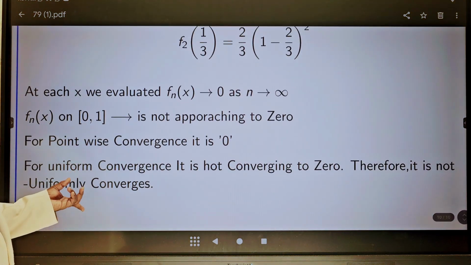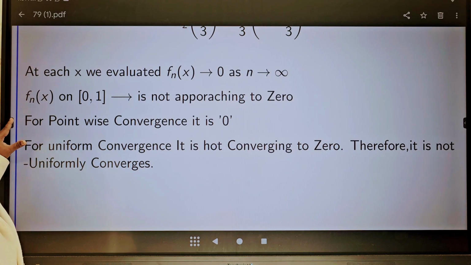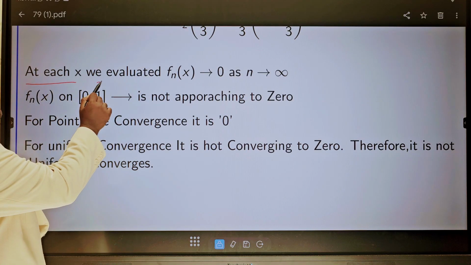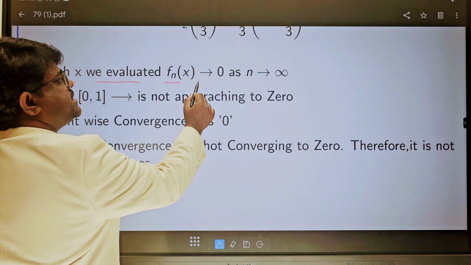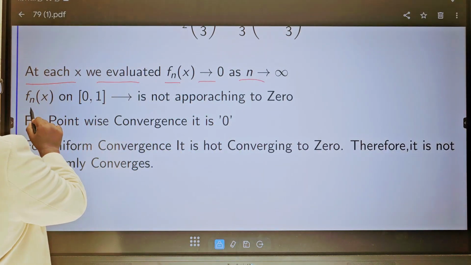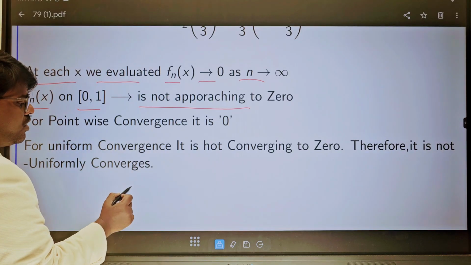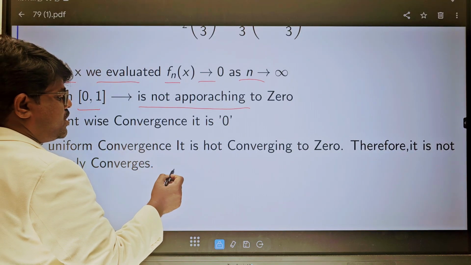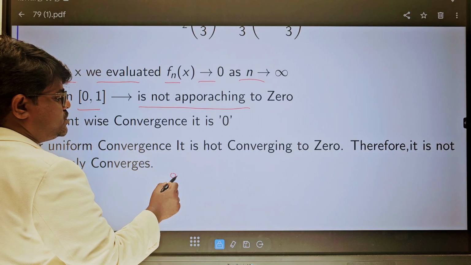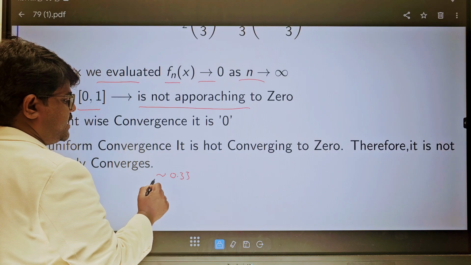So what is the conclusion? At each value of x, we evaluated that fn of x tends to 0 as n tends to infinity. But fn of x on 0, 1 is not approaching 0 uniformly, because it is approaching 0.33 nearly.